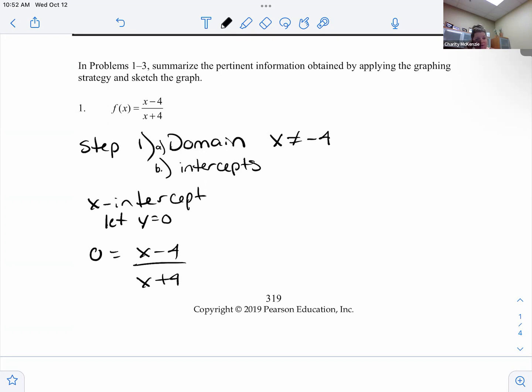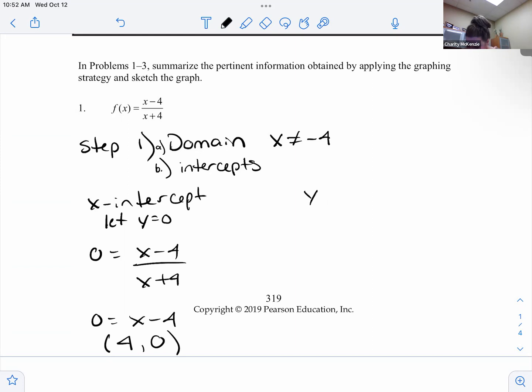Then we just solve this equation for that x-intercept. Well, if we multiply this by x plus 4, we get 0. So really we have 0 equals x minus 4, add my 4 over, and I get 4. So x is 4, y is 0. There's one point we know has to be on that graph.